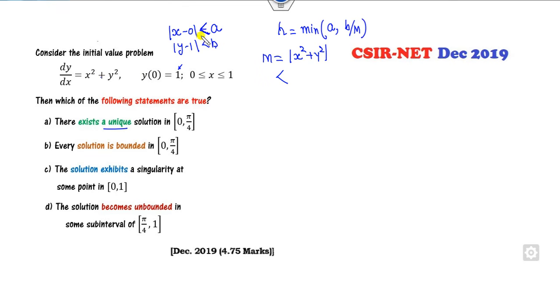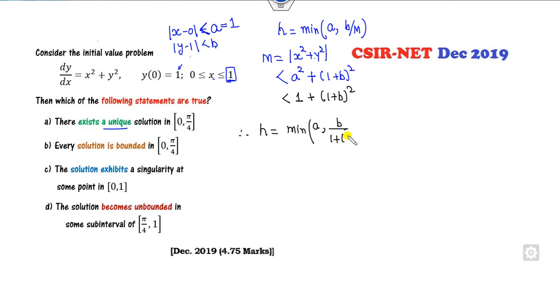So it is less than a, has a maximum value a square, b has a maximum value 1 plus b square. But you can see x has a maximum value 1. So basically a is my 1. So I can say it's a 1 plus b square. So what is my h? H is minimum of a comma b over 1 plus b whole square.